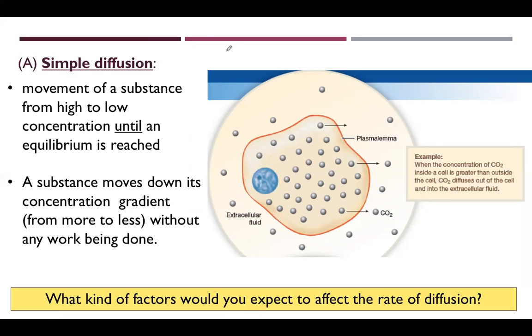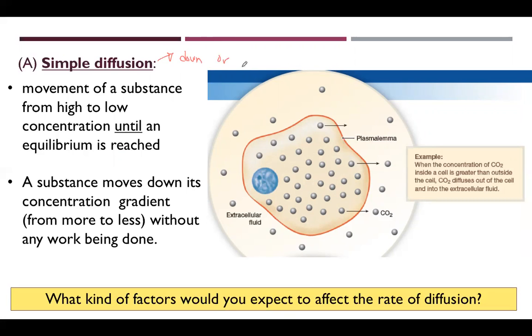What diffusion means is the movement of a substance from a high concentration to a low concentration until that equilibrium is reached. That's diffusion.